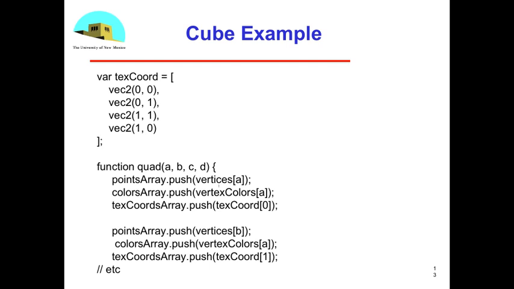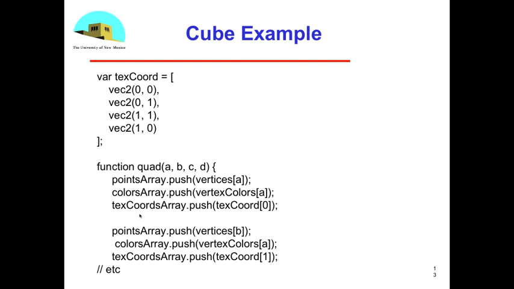So here I'm pushing the location of the vertex A, I'm pushing the color of vertex A onto the color array, and here I'm deciding I'm going to use texture coordinate 0, 0 for A, I'm going to use texture coordinate 1, 0 for vertex B, and so on for the other vertices, as I define either a pair of triangles or a triangle strip or a triangle fan. We've seen all 3 examples.